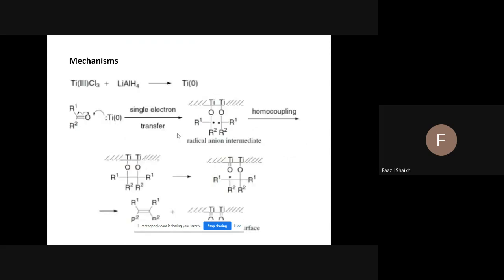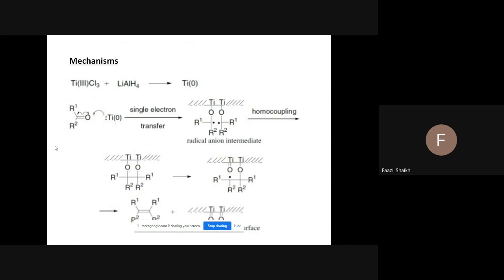So what is the job of that reagent? That reagent will react with titanium chloride and reduce it to titanium 0. In titanium chloride, its oxidation state is +3 and it is reduced to titanium 0, the free state, meaning 0 oxidation state.